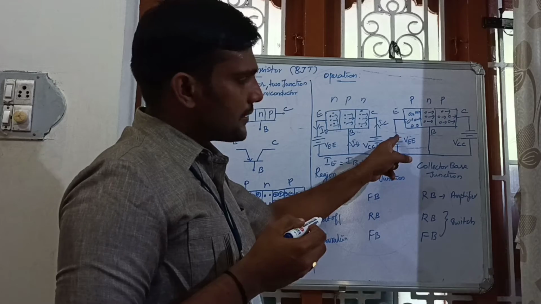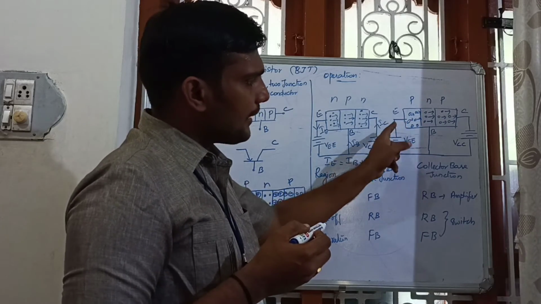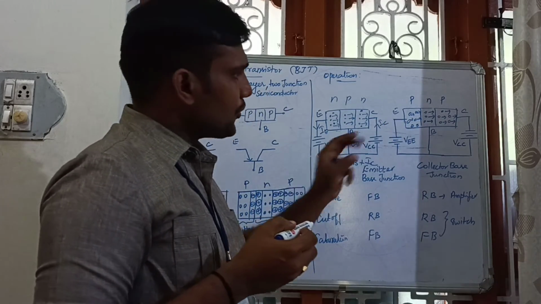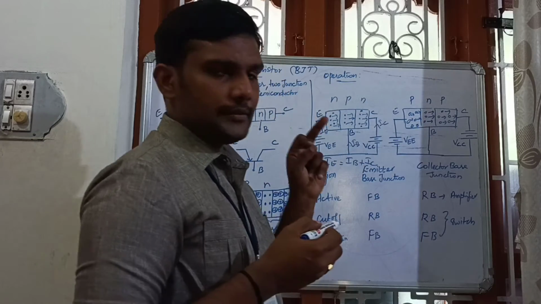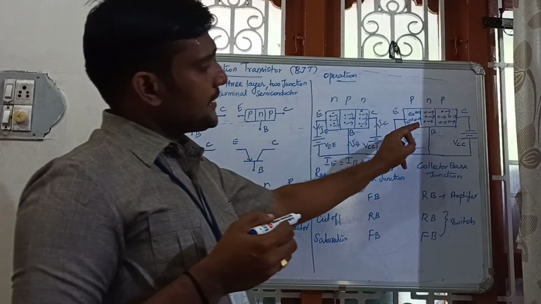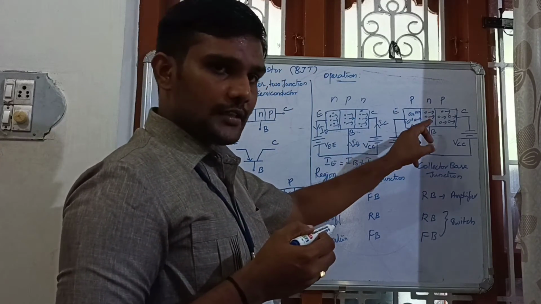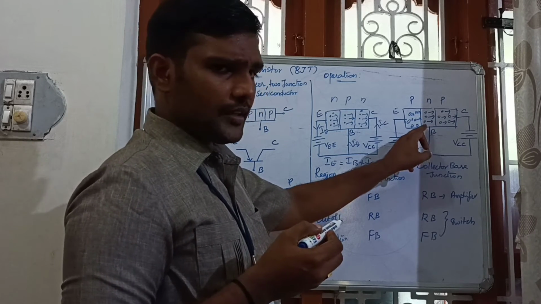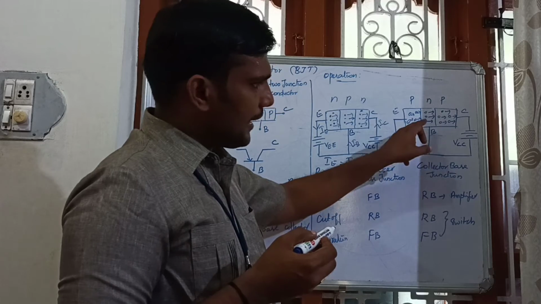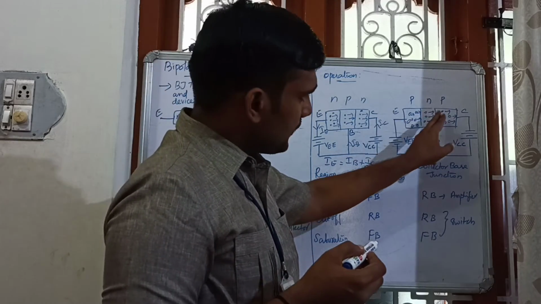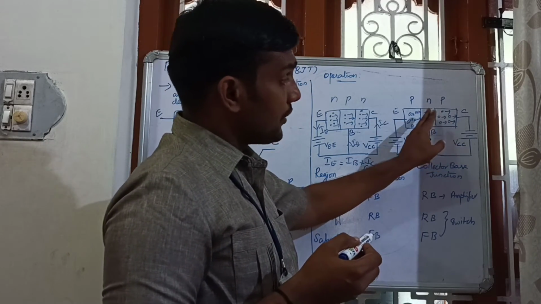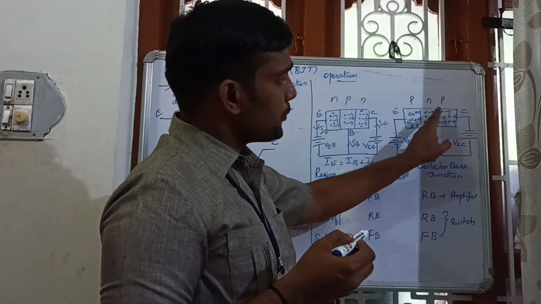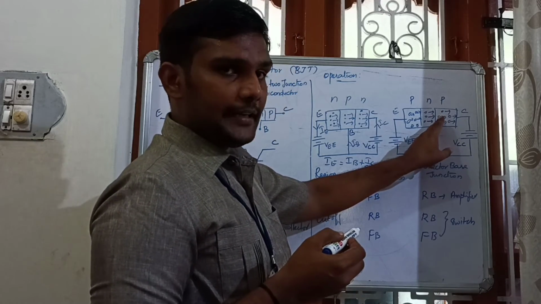So here the positive supply is given, the holes are repelled by the positive supply, so the holes are pushed into the base region. In the base region, some of the holes recombine with the electrons. The remaining holes flow in this direction, pushed into the P-type region.